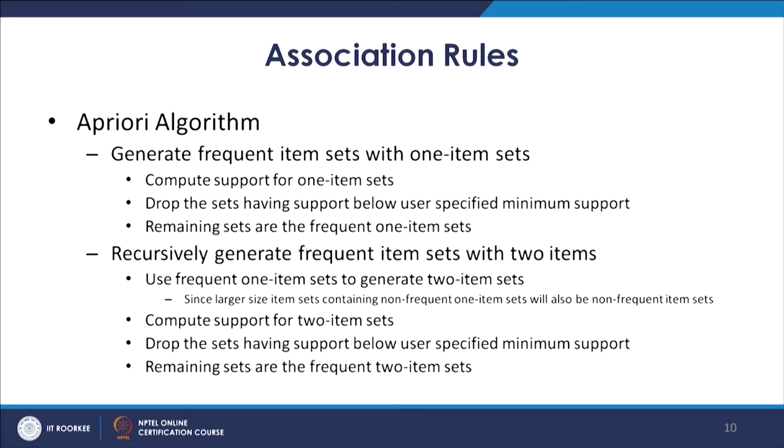In previous lectures we have also discussed the a priori algorithm and its different steps. For example, first we start with the generation of frequent item sets having just a single item. Then this list of frequent item sets with a single item is taken for generating frequent item sets with 2 items, and so on, frequent item sets with 3 items, frequent item sets with 4 items. In this fashion we keep on going.